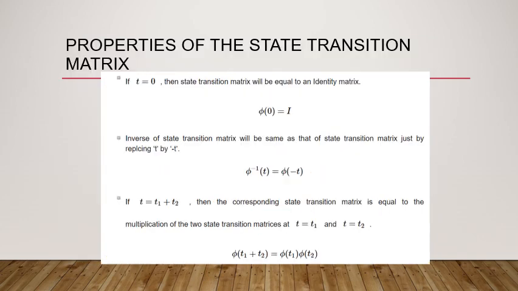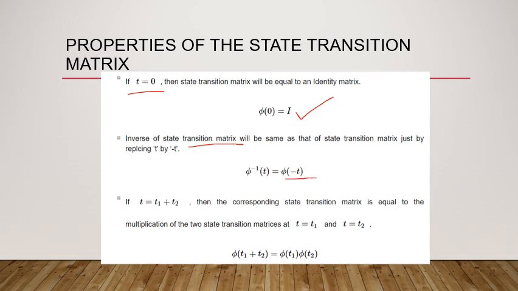Let us now see the properties of the state transition matrix. At t equal to 0, the state transition matrix is equal to the identity matrix, and identity matrix you already know what it is. The second property says that the inverse of the state transition matrix will be the same as the state transition matrix, just we replace t by minus t.